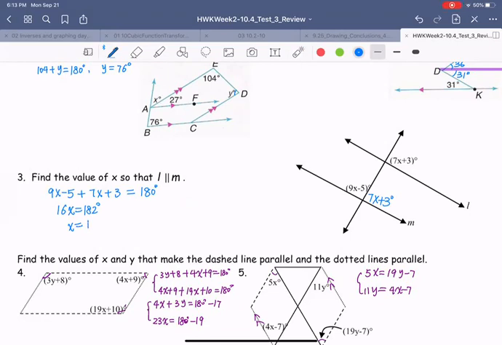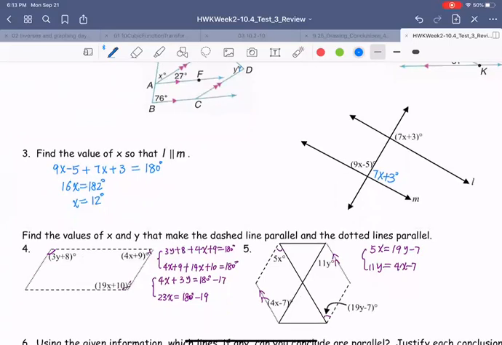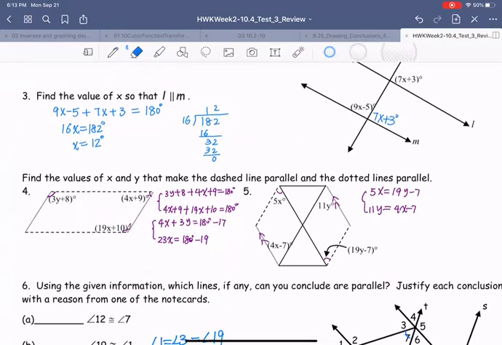You leave a 32. 32 over 16 is 2. That makes sense? If you want to do this by hand, that's okay. All right. Now look at number 4.